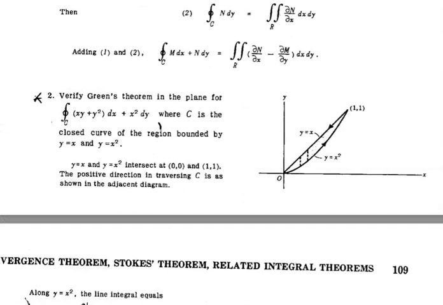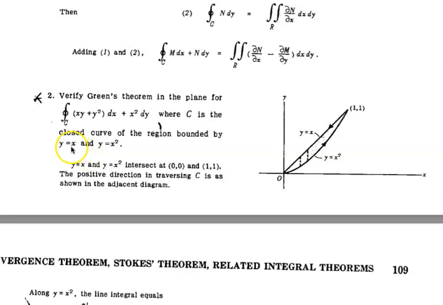So verify Green's theorem in the plane for the closed line integral of the quantity xy plus y squared dx plus the quantity x squared dy, where C is a closed curve in the region bound by this straight line right here. That's the straight line y equals x. That makes it a straight line.